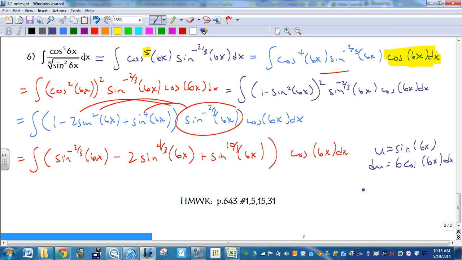So to get our du, we need to multiply the inside by 6, outside by 1/6. So we have 1/6 times the antiderivative of u to the negative 2/3 minus 2u to the 4/3 plus u to the 10/3 du.